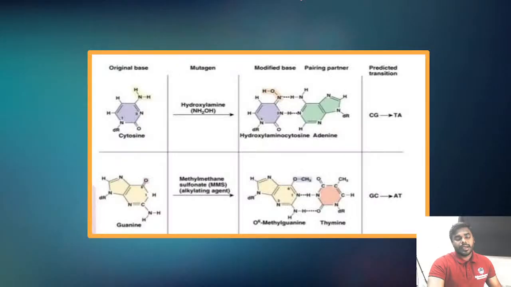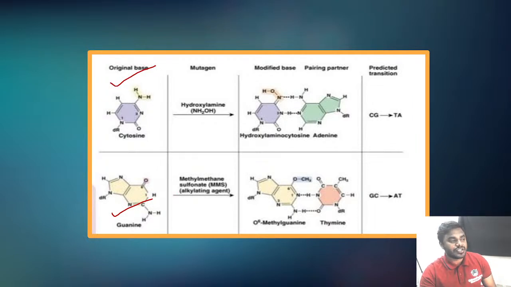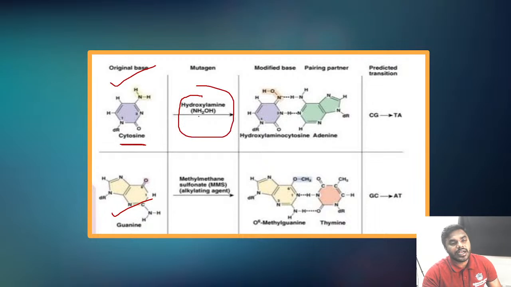Alkylation, I hope all of you remember. The treating of the DNA with the alkylating agent or the methylating agent completely changes its base conformation. If every one of you quickly recalls, we discussed cytosine upon treating with the hydroxylamine.